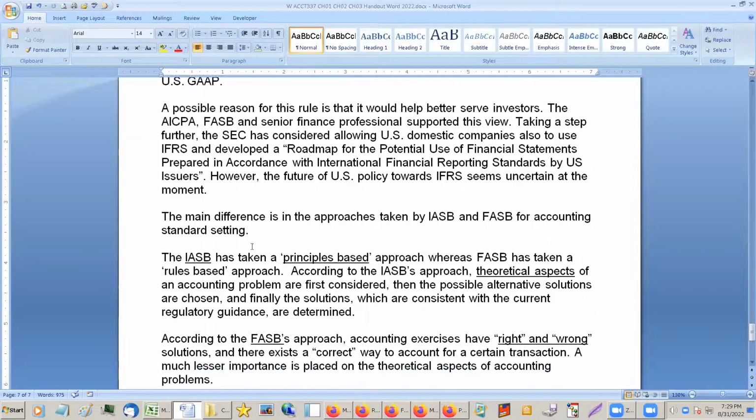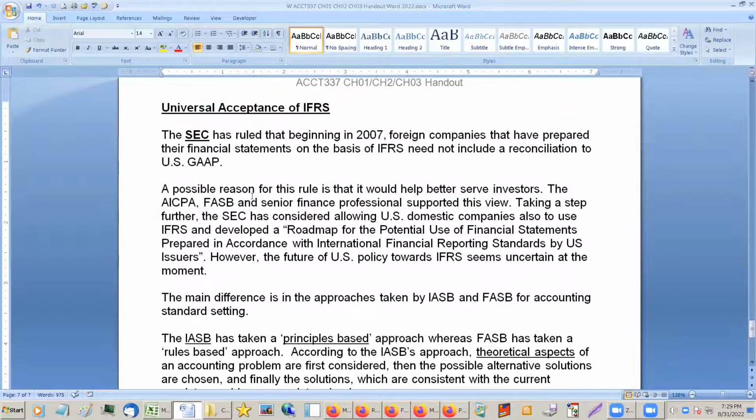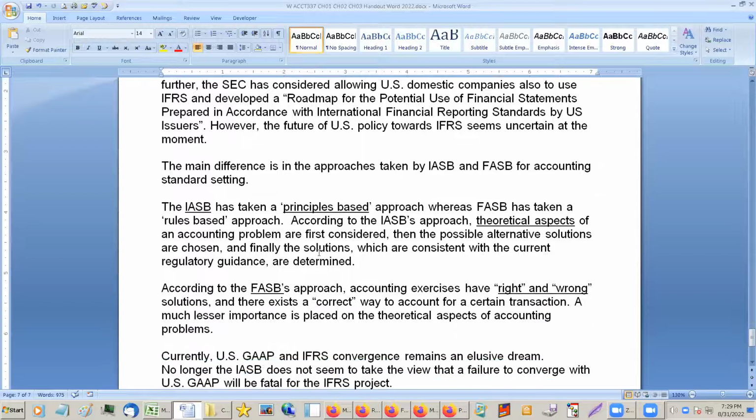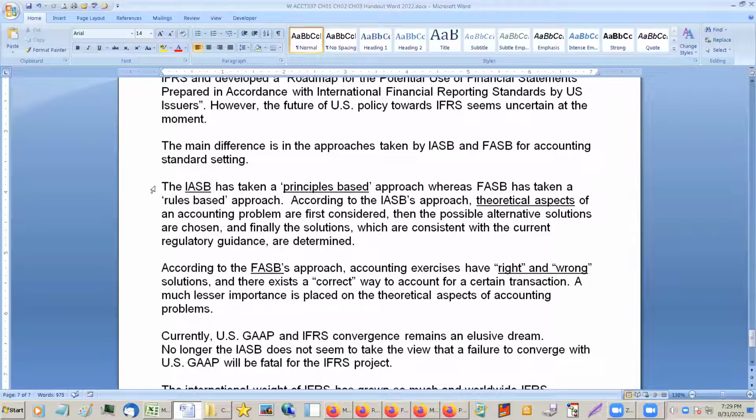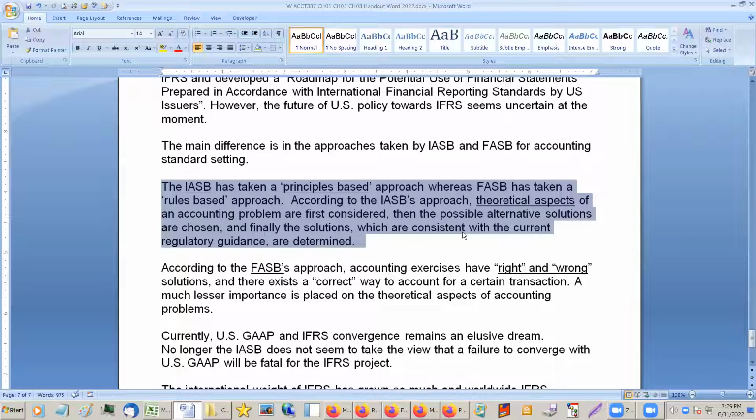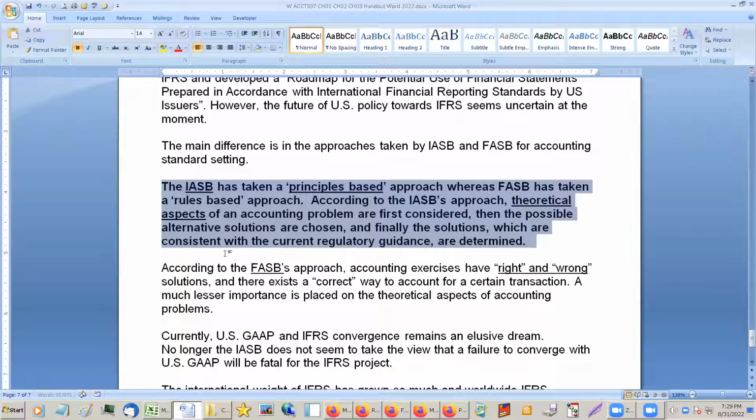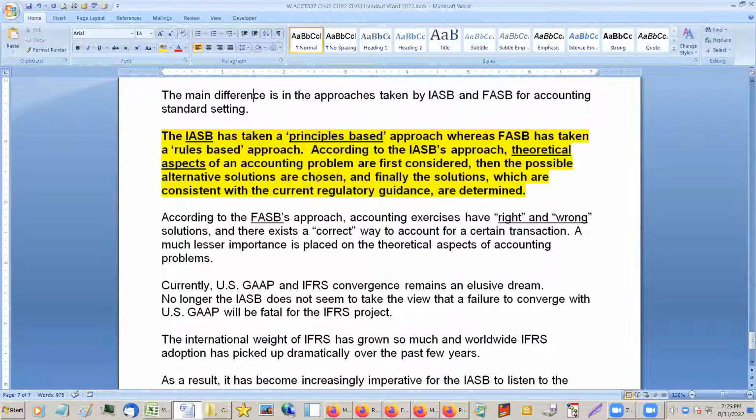This last little part here kind of goes into the acceptance of the international standards. And there is a big difference between those two, and it's kind of in this one paragraph here. I have two paragraphs, I'm sorry. International standards are much more principle-based.